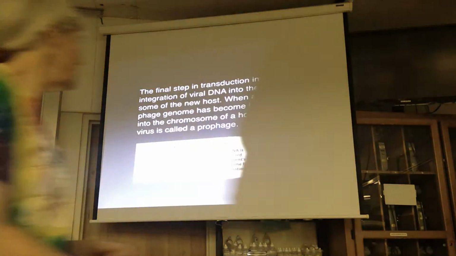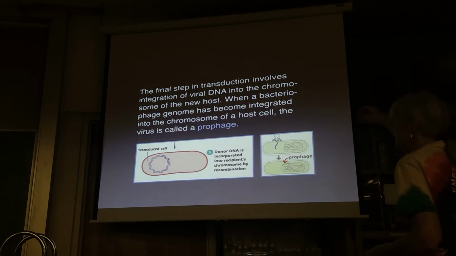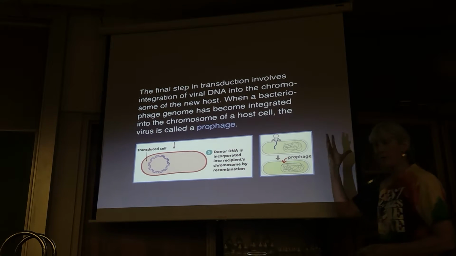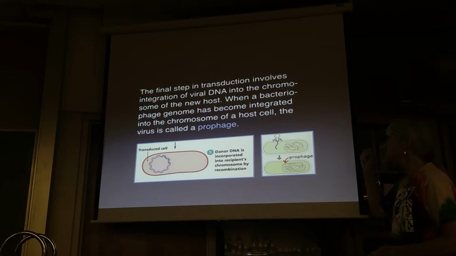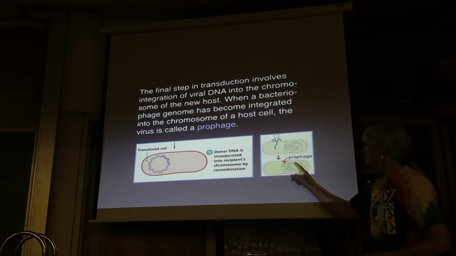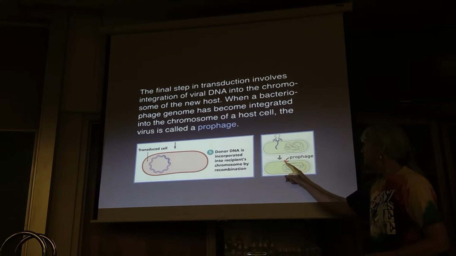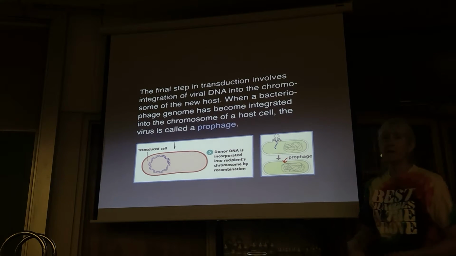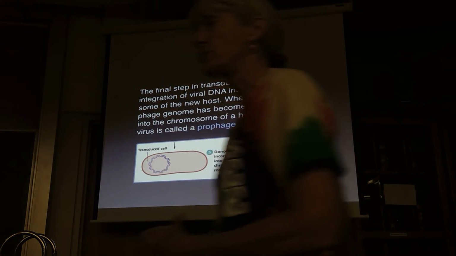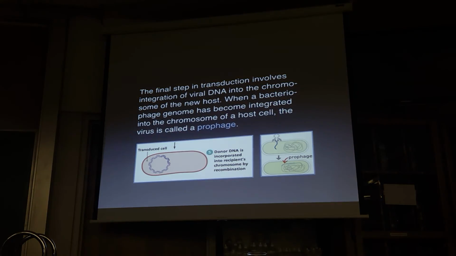So here we see this virus. Assume that the virus now, this guy, is one that's carrying its own DNA plus some bacterial DNA from the first host. When that DNA goes into the cell, if it incorporates into the chromosome, this is now called a prophage. So prophage is viral DNA in the host chromosome. And if it does that, then the cell's not going to be killed, at least not right away.